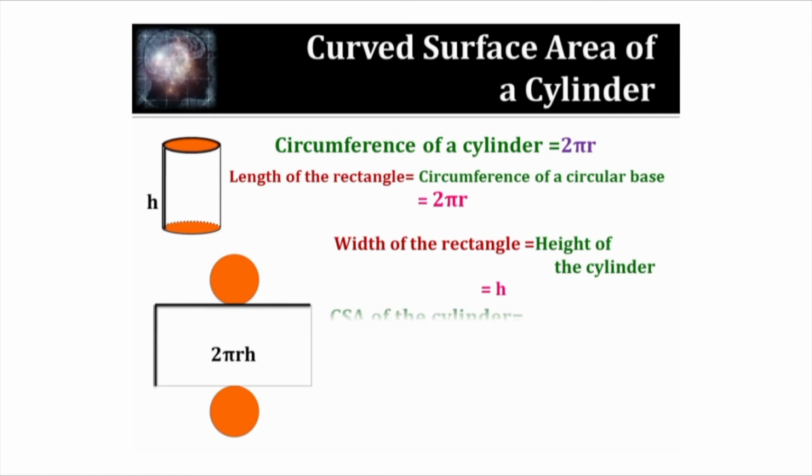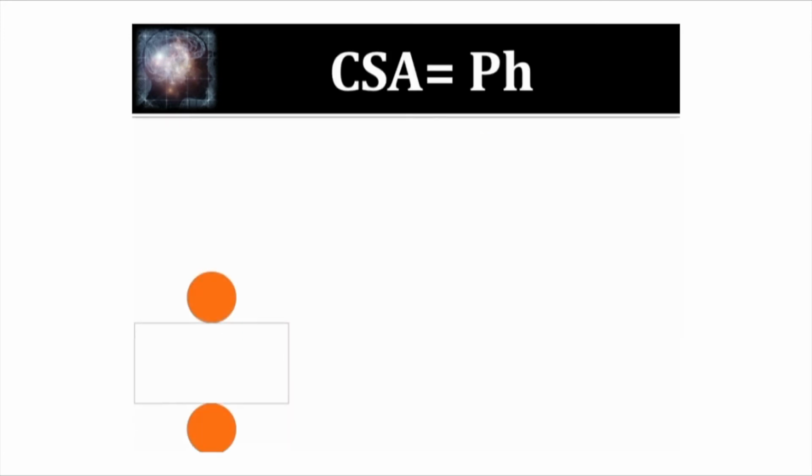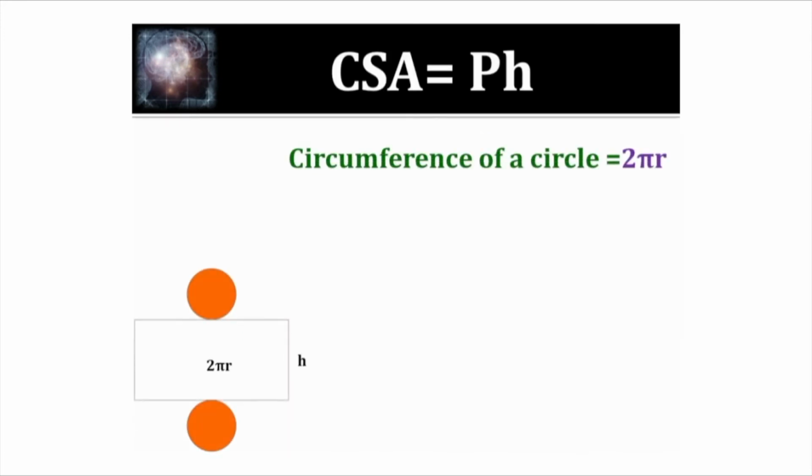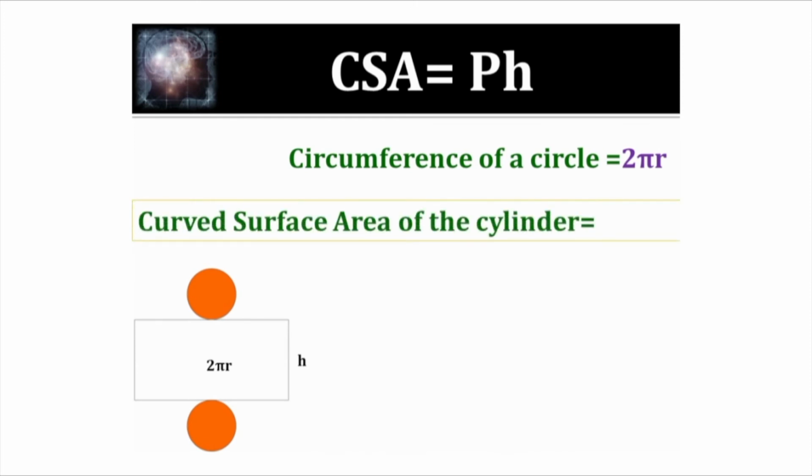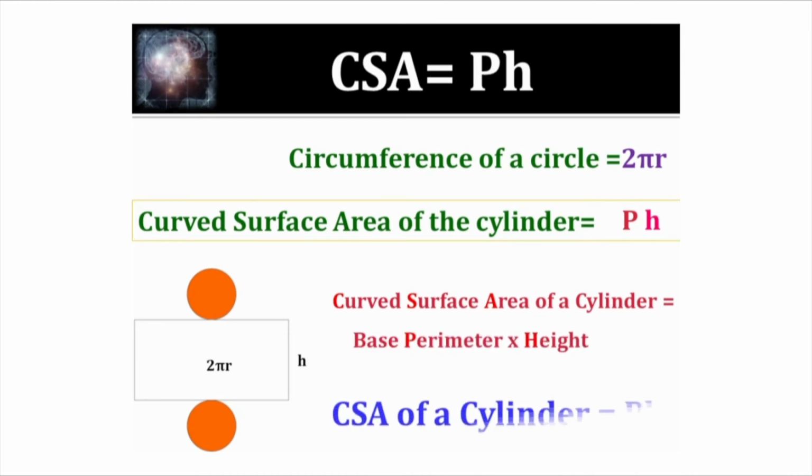So, CSA of cylinder is equal to area of the rectangle, that is equal to length into breadth. Since the circumference of a circle is 2 pi r, curved surface area of the cylinder will be 2 pi r into h. That is, curved surface area of the cylinder is equal to base perimeter into height. That is, CSA is equal to PH.